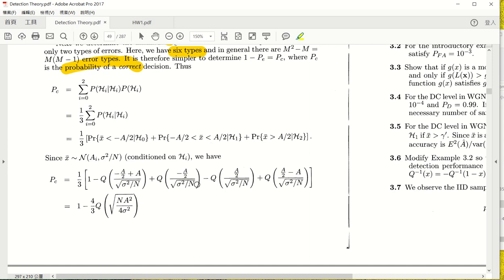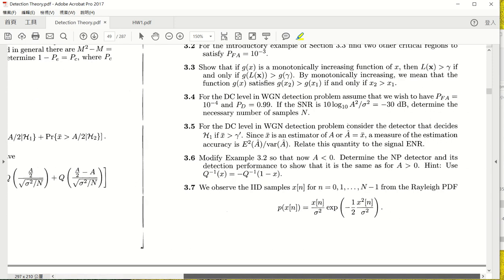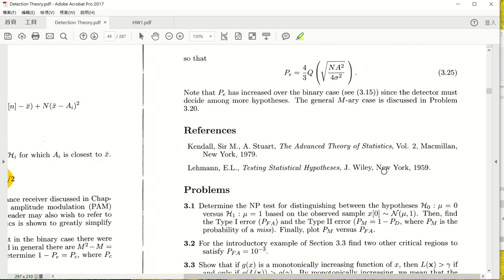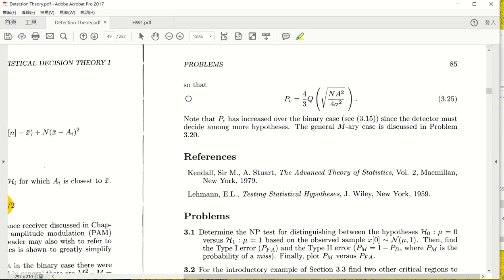At the end of the day, after some manipulation of the equations, you get PC equal to this thing. So at the end we get the probability of correct decision. So the error is 1 minus PC, right?